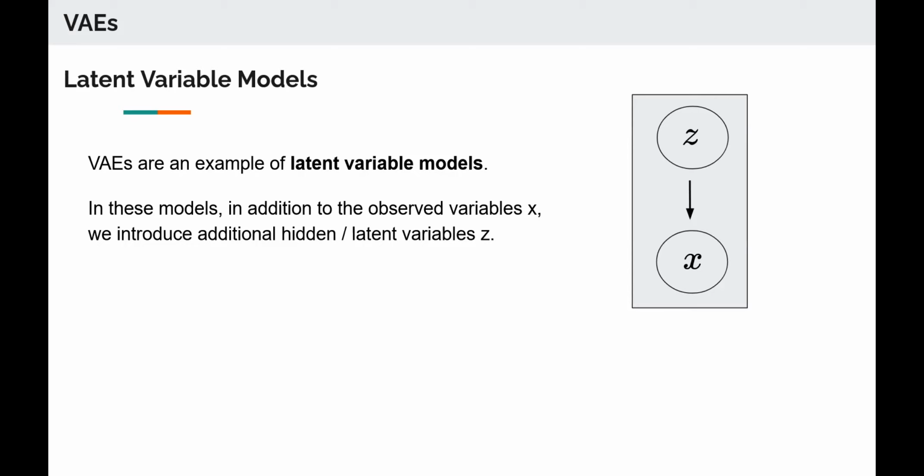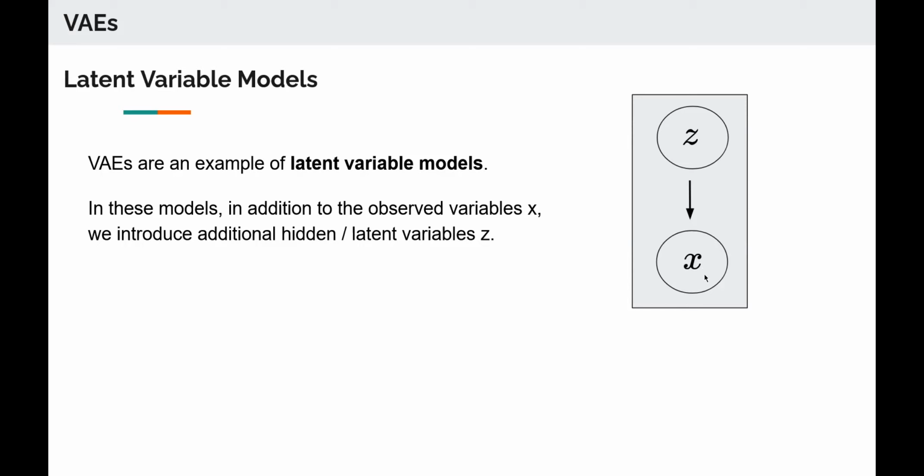So what it means is we have two random variables in our model. One of them is the observed variable X, meaning the images themselves. These are the random variables that we observe samples of. So if we get images from the hospital, these are all different samples of this random variable.